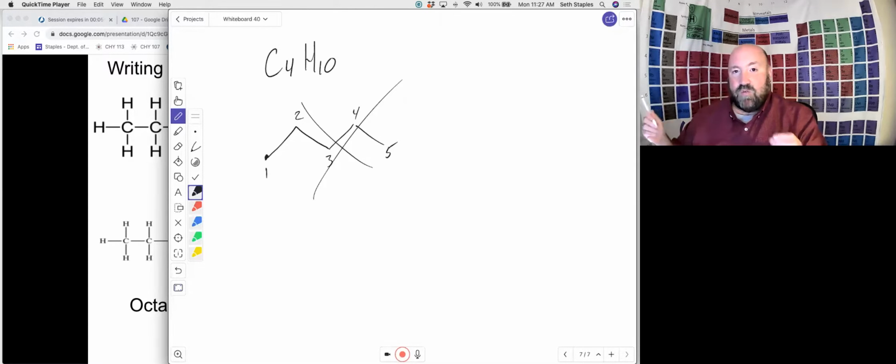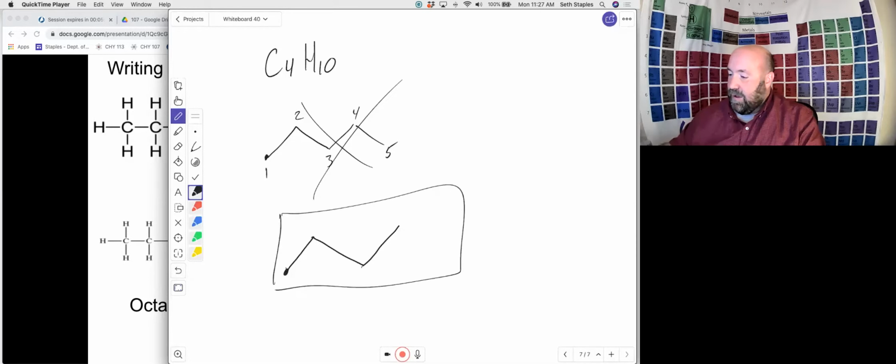What I would recommend you do is just say 1 to yourself when you first put your pen down. 1, 2, 3, 4. So here is now our skeletal structure for butane. And again, we always assume that there are the number of hydrogens coming off there, of each of these carbons.